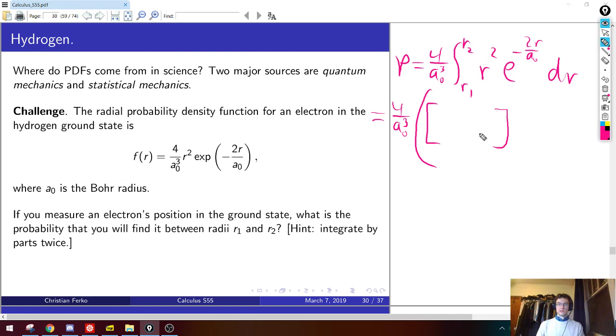So it would be r squared times the integral of this guy, right? Yes, just recalling, it would be e to the negative 2r over Bohr radius times negative 2 times Bohr radius, times negative, the inverse of that, right? a0 over 2, right?